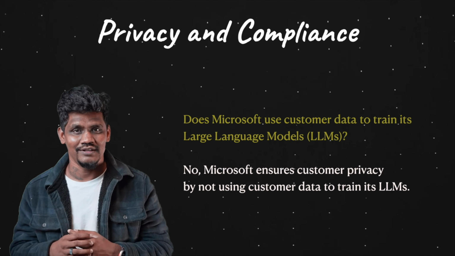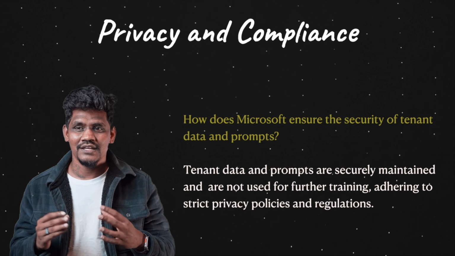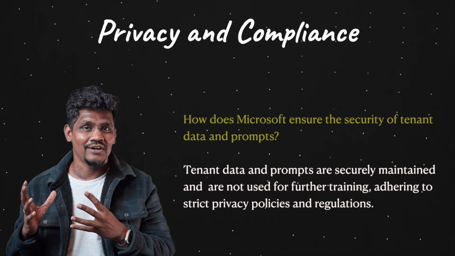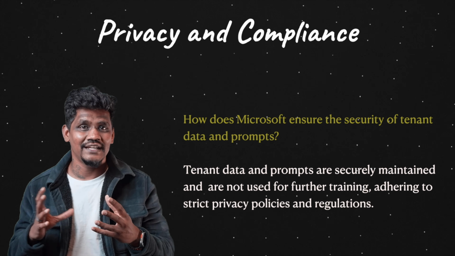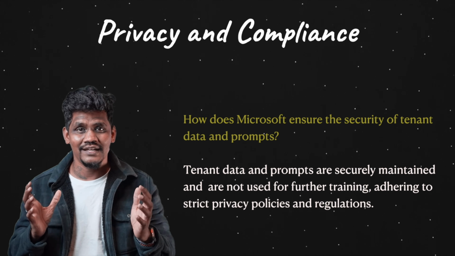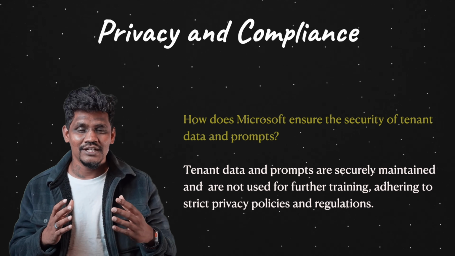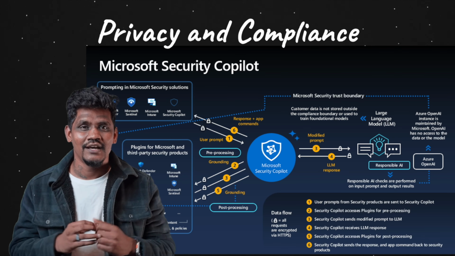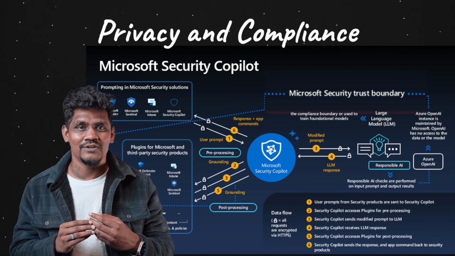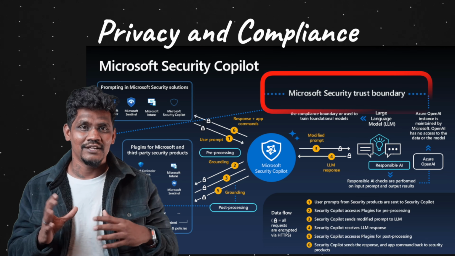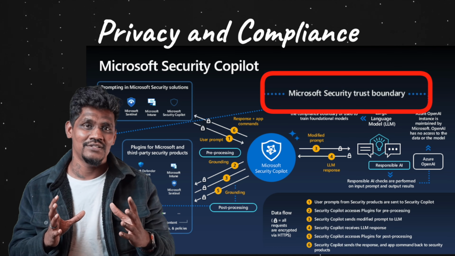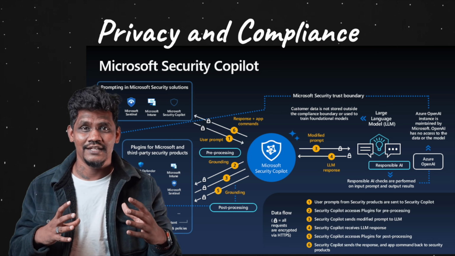How does Microsoft ensure security for tenant data and prompts? There is a different video that I'm thinking on, but here is a short answer. Tenant data and prompts are securely maintained and are not used for further training the LLMs, but are strictly guided within the tenant. Here is one example with an image of Power Automate's tenant policy. I find this image gives an example of how the tenant data is stored.